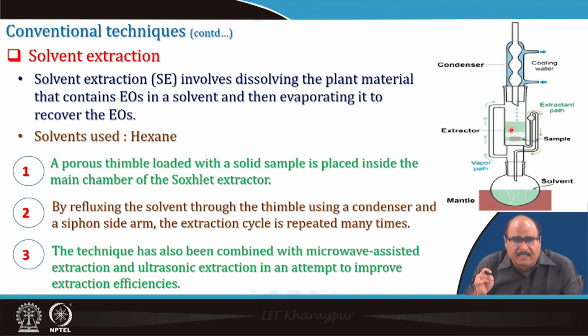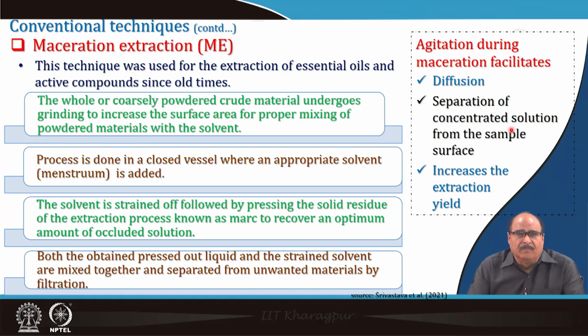The extraction technique has also been combined with microwave assisted extraction and ultrasonic assisted extraction in an attempt to improve extraction efficiency. That is, this solvent extraction can be used in combination with microwave or ultrasound, where extraction efficiency is increased manifold.